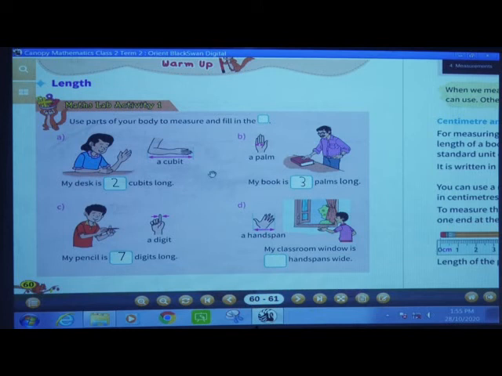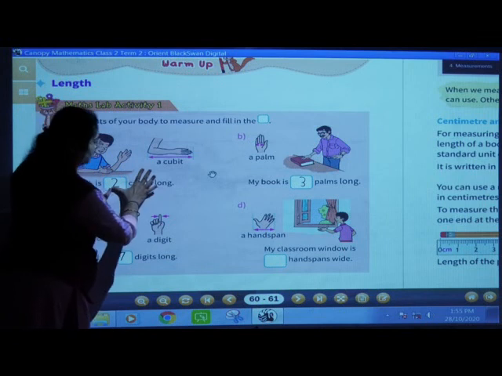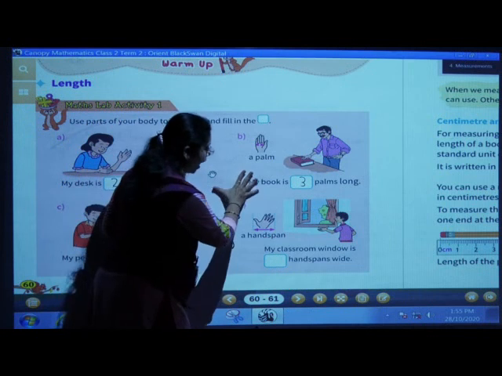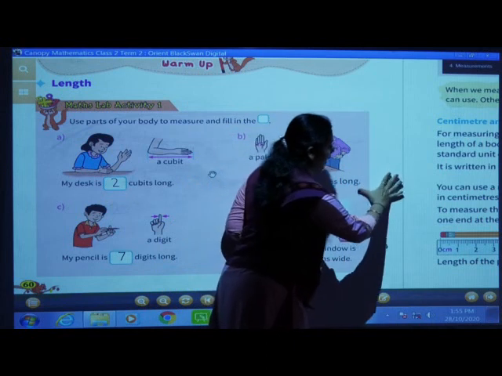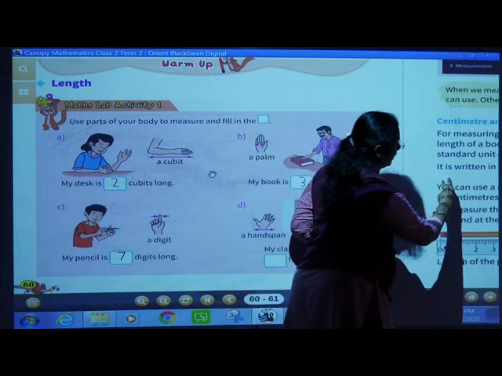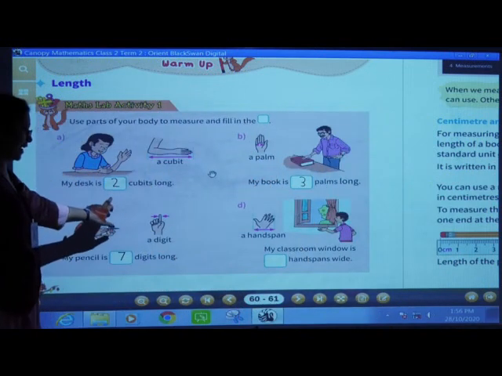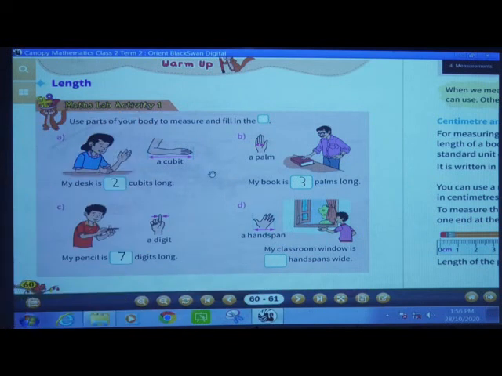Here I am measuring the board with my handspan. See, 1 handspan, 2 handspan, 3, 4, 5, 6, 7, 8, 9, 10. My board is 10 handspan. Okay.